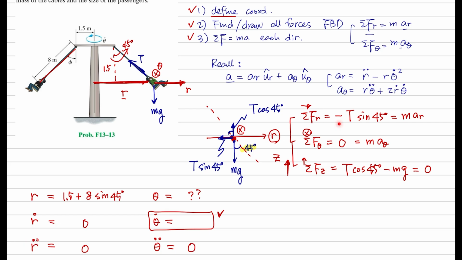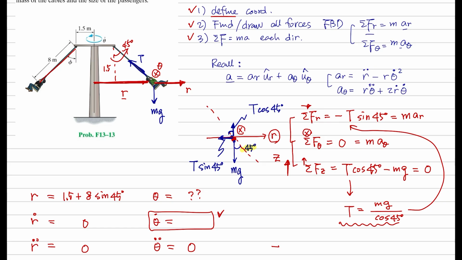Okay, so now we have this information, and let's take a look at these equations and see what we can do. First thing, let's try to get rid of these T's. So from here, we get T is mg divided by cosine 45 degrees, right? Once I have this, I can plug it in over there.